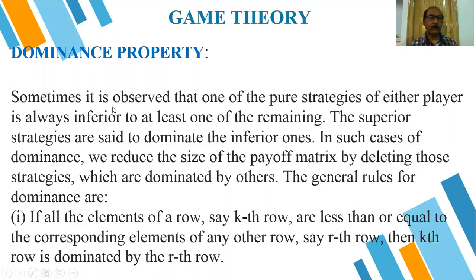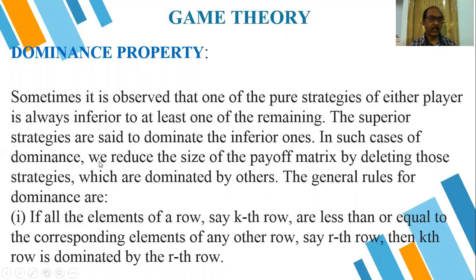Sometimes it is observed that one of the pure strategies of either player is always inferior to at least one of the remaining ones. The superior strategies are said to dominate the inferior ones.